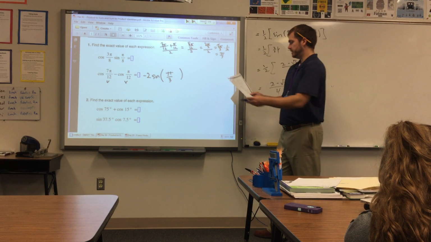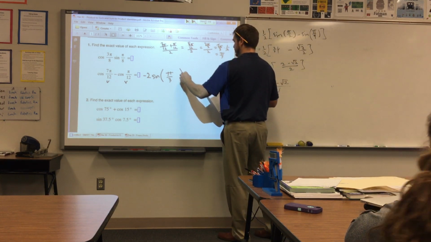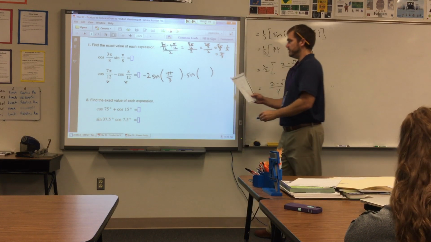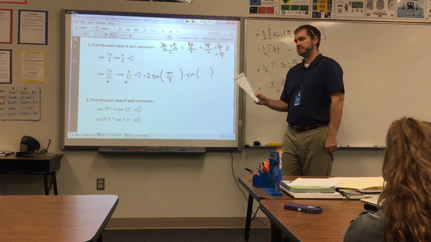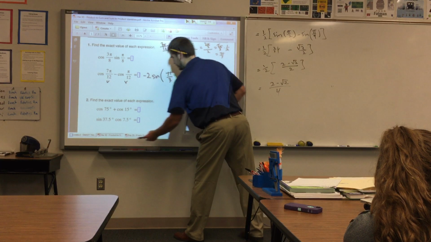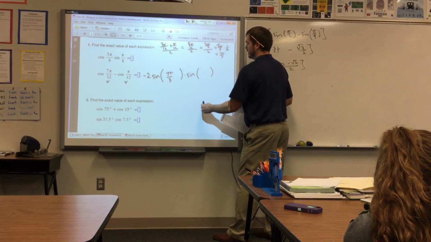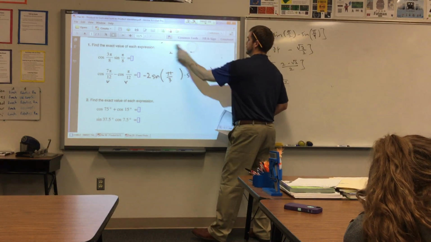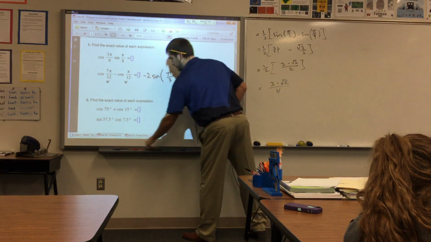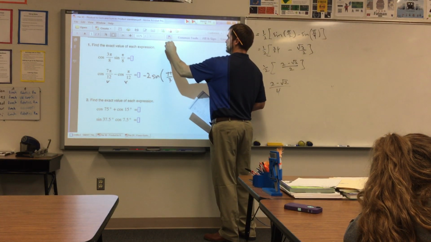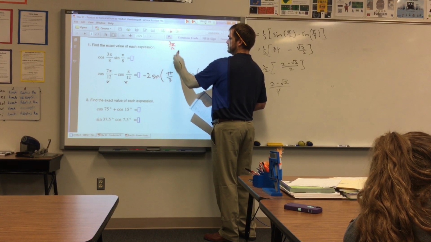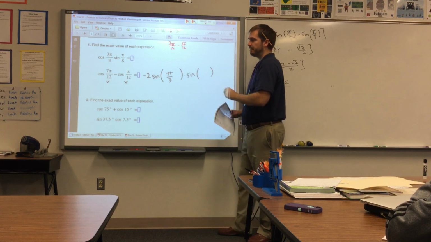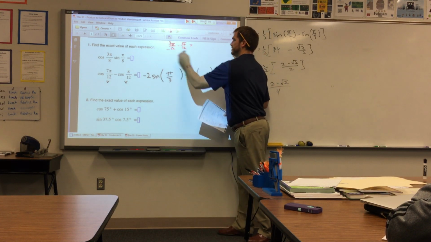Still looking at the formula here, times the sine, and this one is u minus v over 2. So 7 pi over 12 minus pi over 12, all over 2.